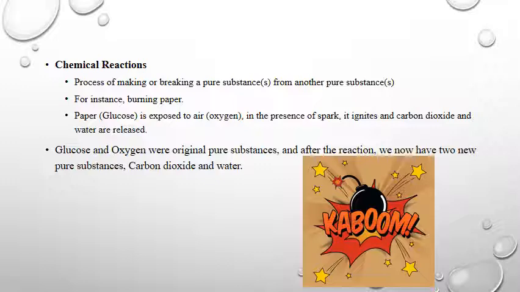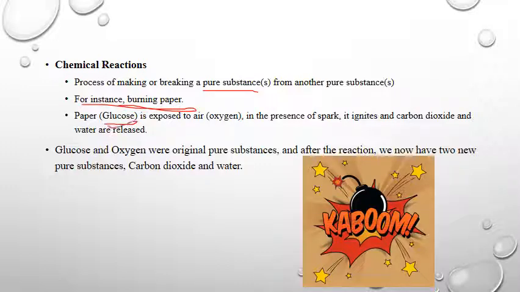So next thing we're going to do is apply the chemical names and formulas to what they are used for, and that's chemical reactions. A chemical reaction is the process of making or breaking pure substances from another pure substance. For instance, burning paper.